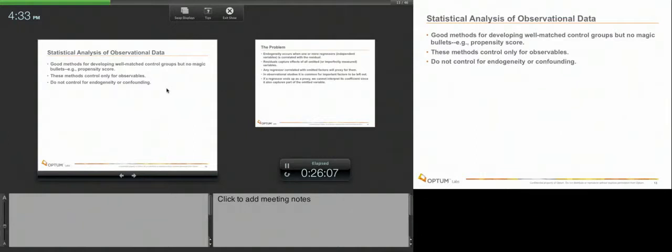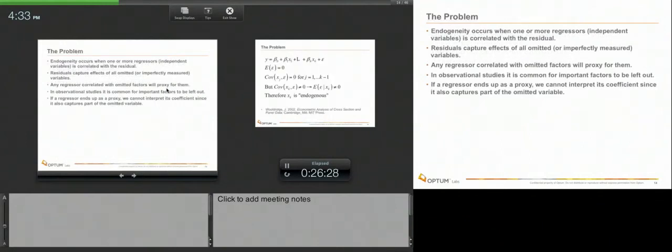This is the area that economists have thought a lot about. In contrast to epidemiologists, who worry a lot about it too from a confounding standpoint and really try to deal with it from a research design perspective, economists have developed statistical methods that try to deal with it. I'll give you some description of that. I've talked a little bit about this already.